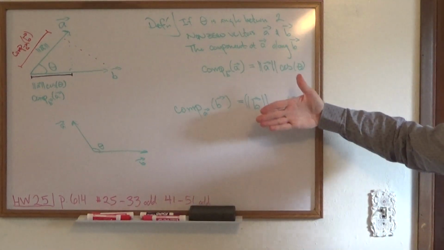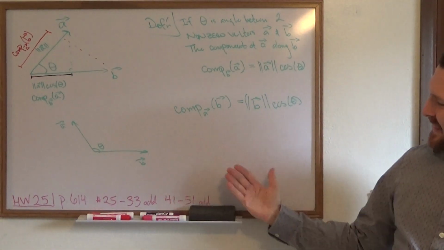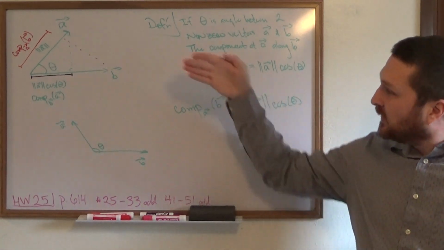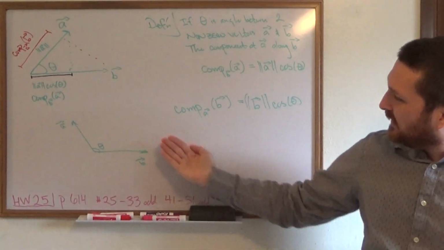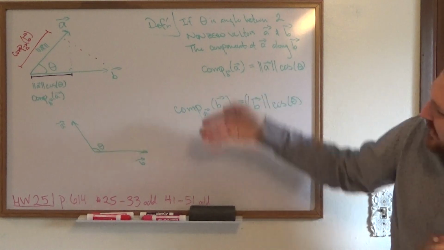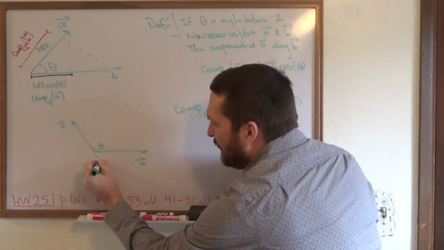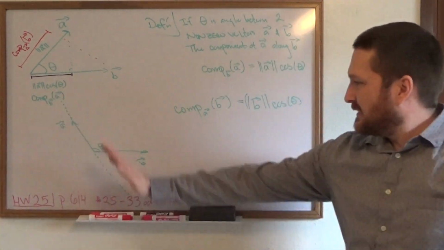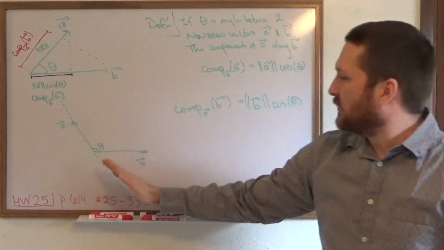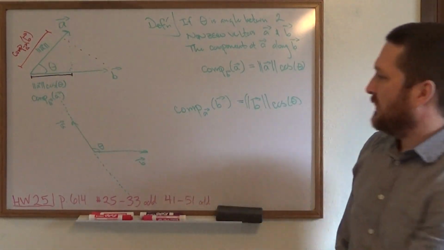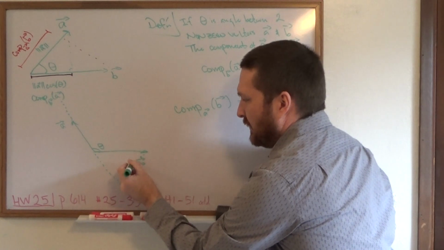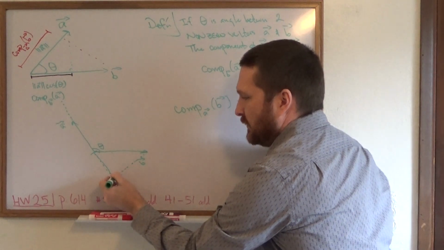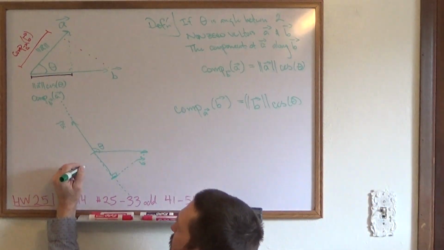Well, now if I want to find the component of B along A, if I shine a light that way, it doesn't really work. I have to shine it back onto the direction of A. Because one way of thinking about this is that this is a direction. It defines a line that goes through all of space. And then in order to find a right angle there, this would be the component of which along which?